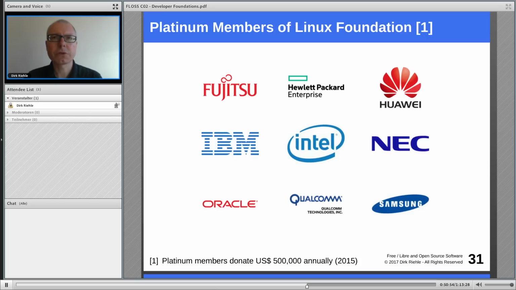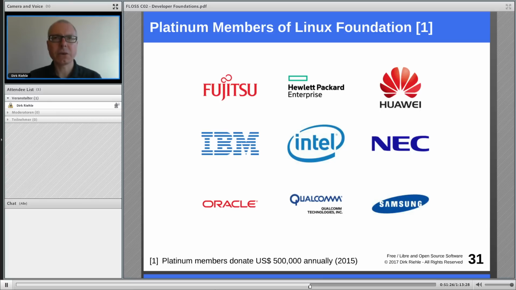So when you look at the Linux Foundation, it's quite amazing who's a member. Here are not all, but the top 9 members of the Linux Foundation. And these are the platinum members who pay $500,000 annually just to be, well, a platinum member of the Linux Foundation. It means they are involved with the various activities on a strategic level.